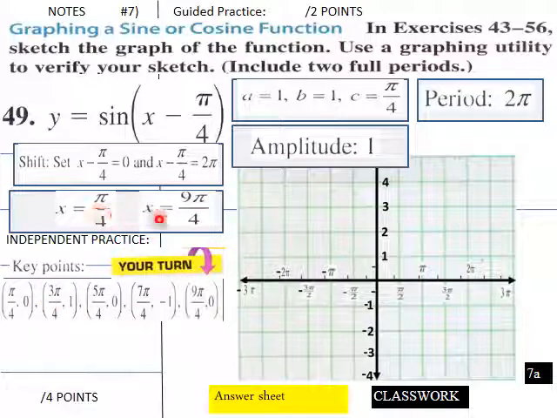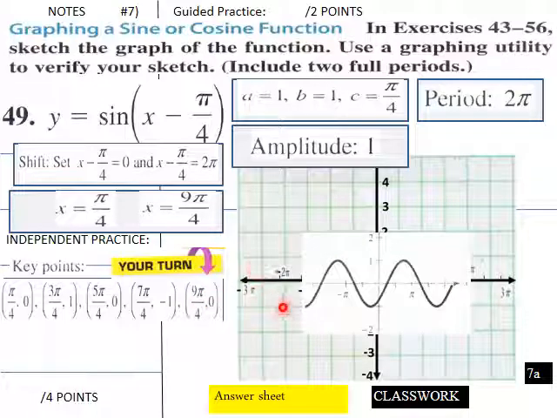And then when we divide these up into 4s, we get these points: pi over 4, 0; 3 pi over 4, 1; 5 pi over 4, 0; 7 pi over 4, negative 1; and then 9 pi over 4 back to 0 again. So the basic shape of that graph would look like this for this example, 49.